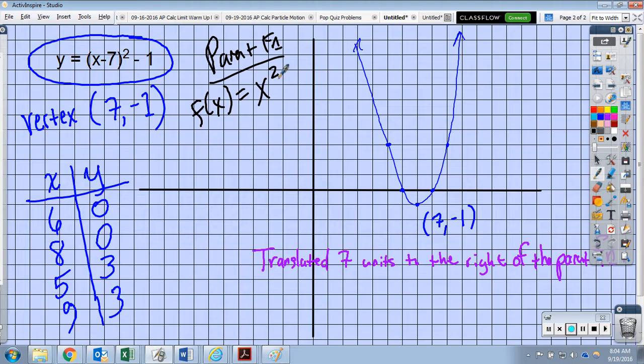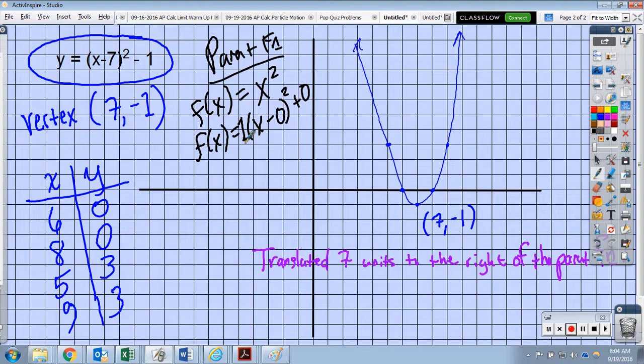Technically for vertex, I could write f of x is equal to x minus 0 squared plus 0. And I could even write a 1 in the front if I wanted, but not really necessary. There's only one x written, and it's fully simplified, so you could say this is either vertex or standard.